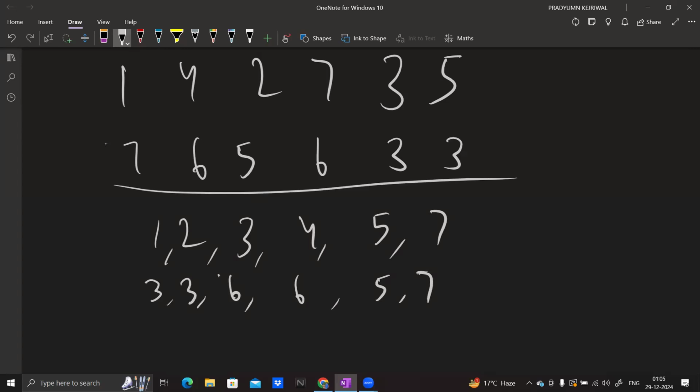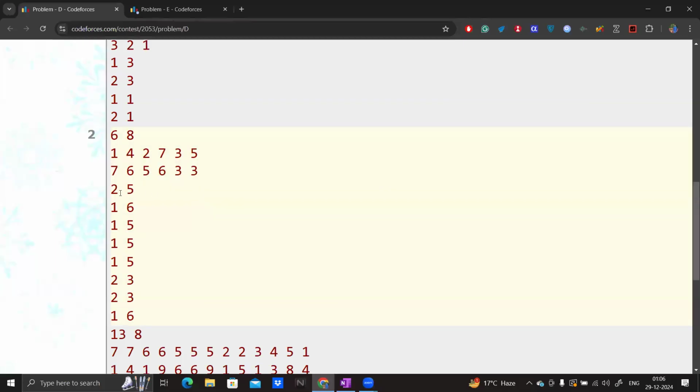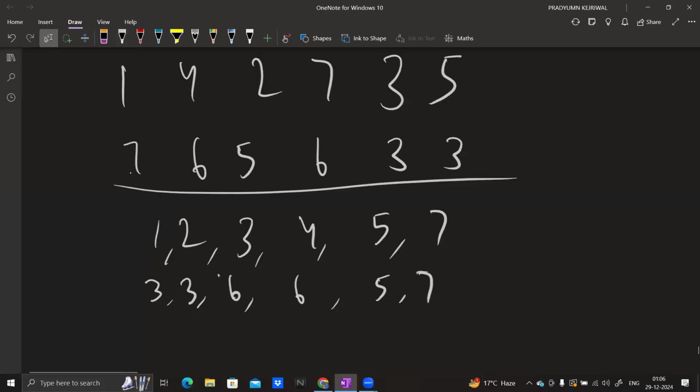Now you can easily calculate the answer by multiplying these minimums. But now let's say you have a query, let's say 2 comma 5, which means that in the second array, the B array, we need to increase the fifth index value to 4. So this 3 will become 4. I'll change this 3 to 4.